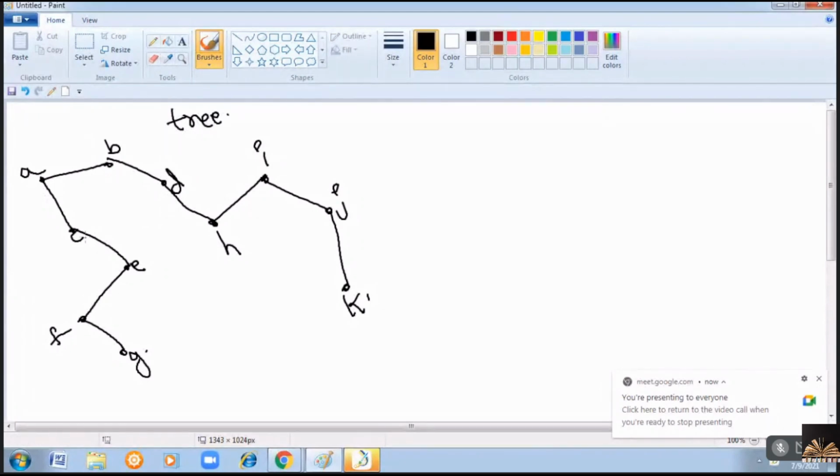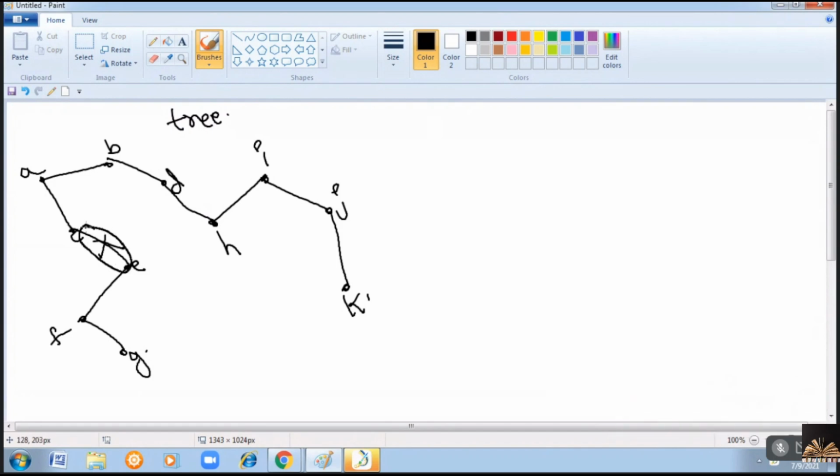Suppose I remove some edges. If I remove any edges, then this tree will become a forest. Suppose I remove this. When I remove this, you will not have this, right?